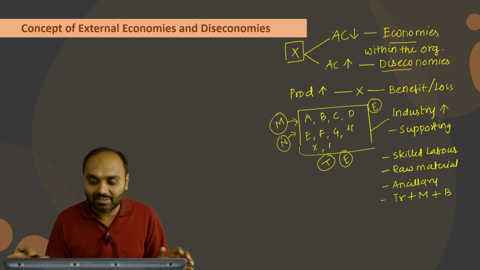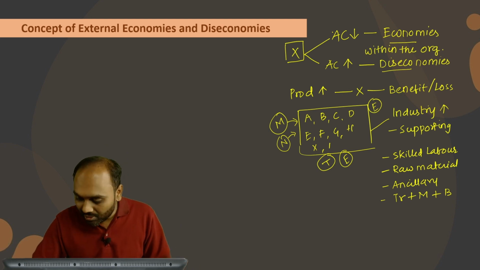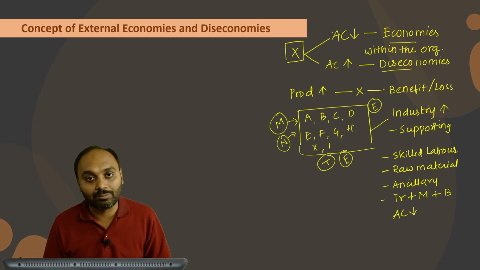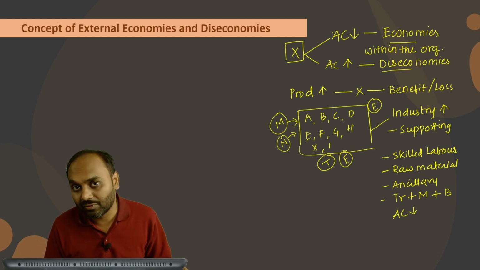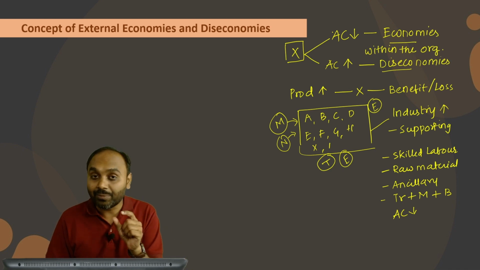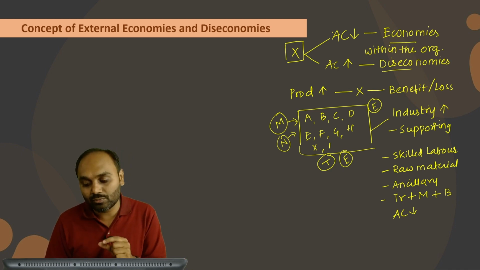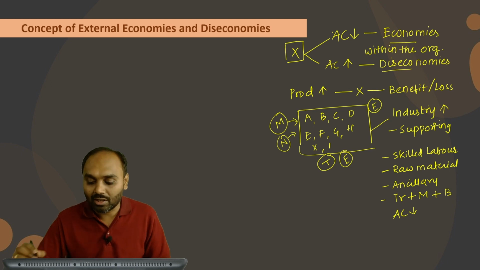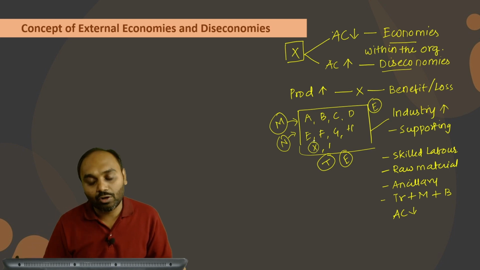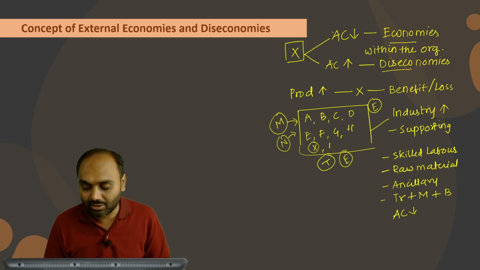Because of all this, what you will notice is that average cost will start falling once again, but this time it is not because of a specific company, it is because of the whole industry. And the fall in average cost won't be of company X only, it will be of A, B, C, D, all the industrial units.